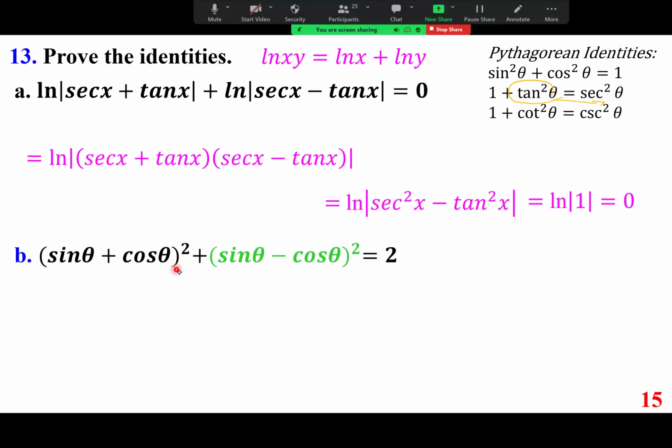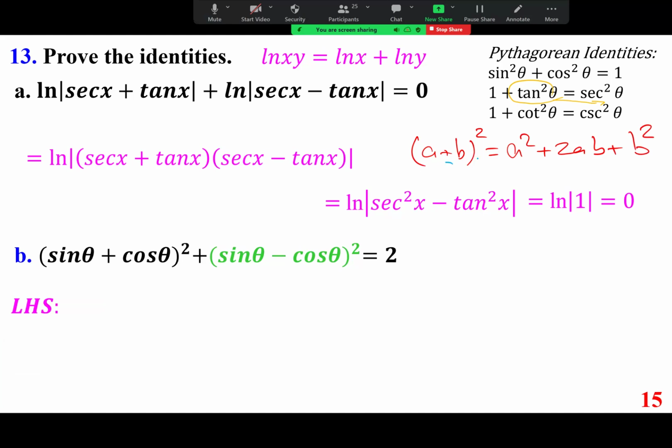Sine theta plus cosine theta squared plus sine theta minus cosine theta squared is equal to 2. Well, all we have to do is work on the left-hand side. Obviously, it's the more complicated side, so square that, and that's a plus b quantity squared. Let me just remind you that if you have a plus b squared, you get a squared plus 2ab plus b squared.